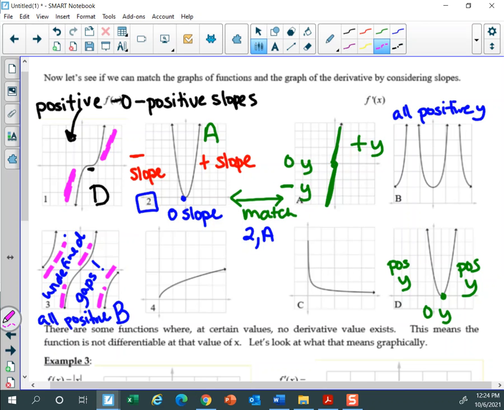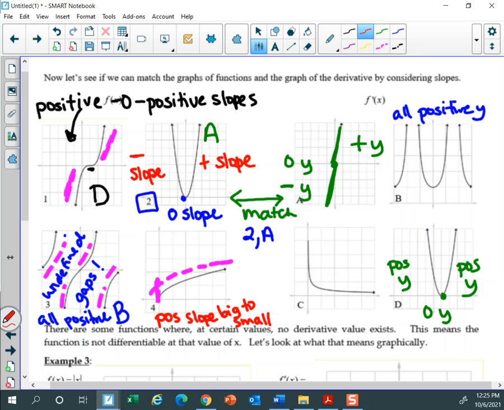On number 4, really big slope, almost undefined. Positive, but getting smaller. So positive slope, big to small.